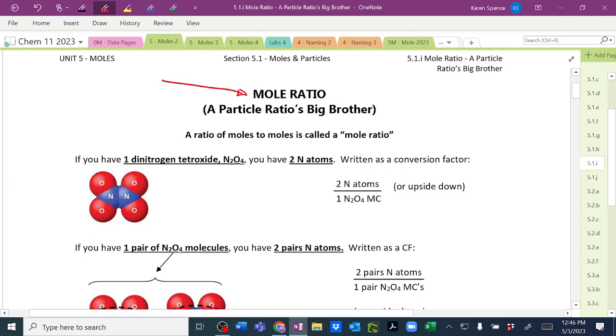So the mole ratio is the same as the particle ratio, but it includes the unit mole.